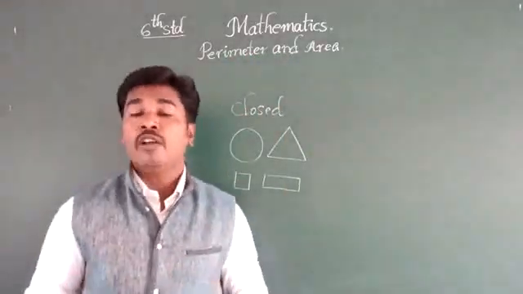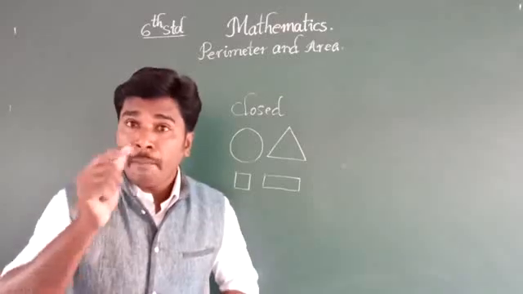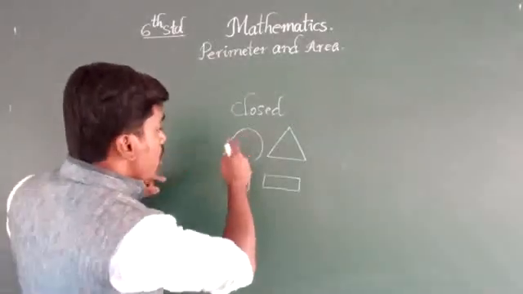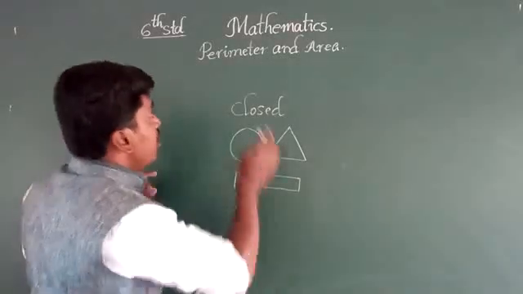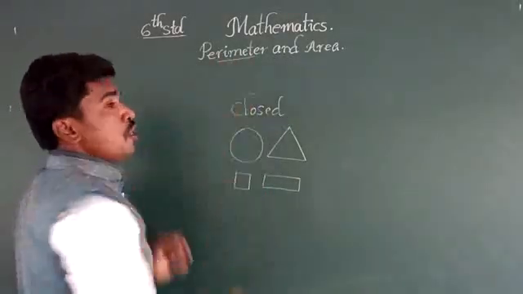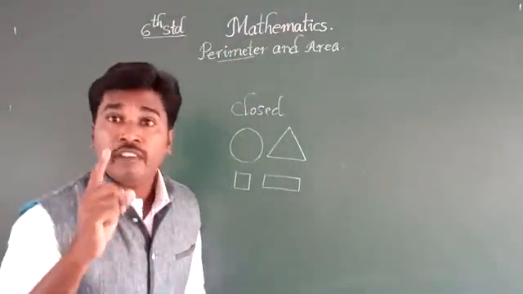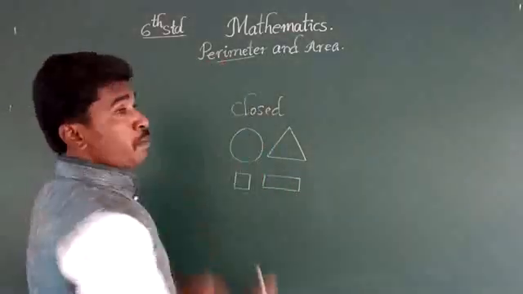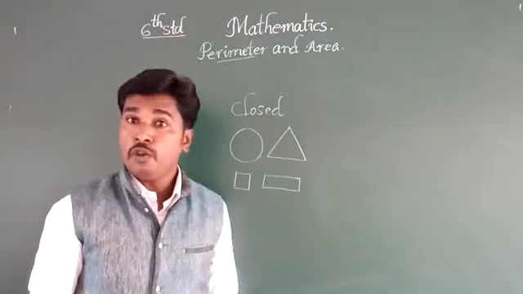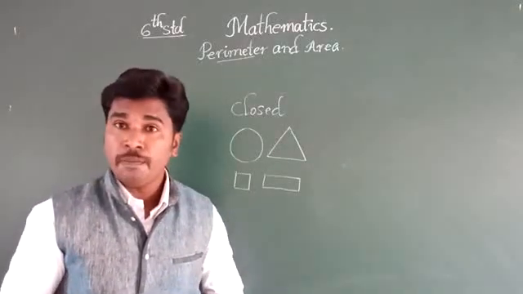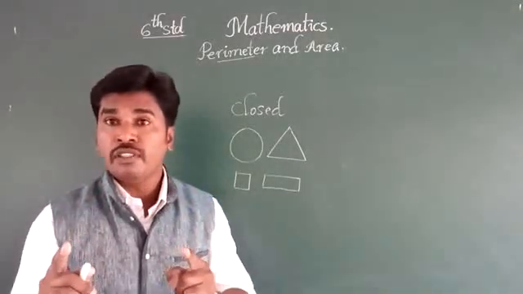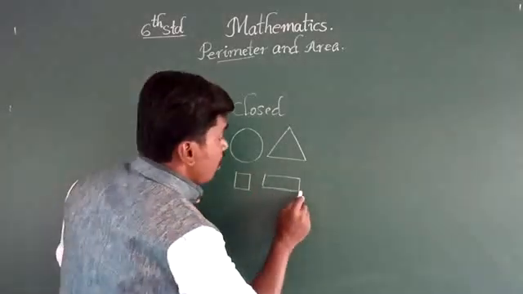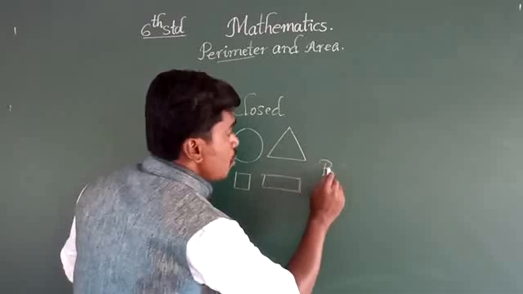For any closed figure, if you are measuring the length of the boundary of the closed figure, then it is called the perimeter. Remember, the length of the boundary of any closed figure is called the perimeter.